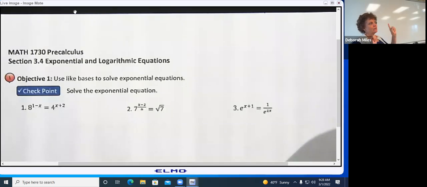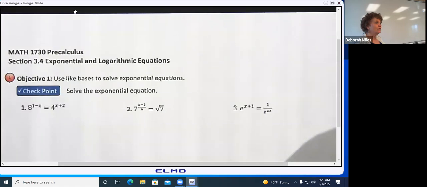Exponential equations, the 2, if you want to call it tricks, or the 2 tools is a better word for solving exponential equations, is either you can write both sides having the same base, or you can't write both sides having the same base. And we'll have to figure out what to do then. But that's our only 2 types of exponential equations. Either you can write both sides having the same base, or you cannot. Obviously, it's easier if you can.